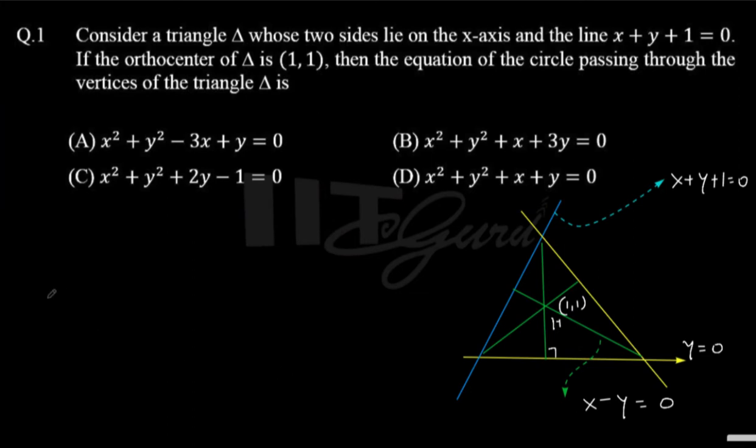So the equation of the circle, let the equation of the circle be x square plus y square plus 2gx plus 2fy plus c equal to 0. This is the general form of the circle.